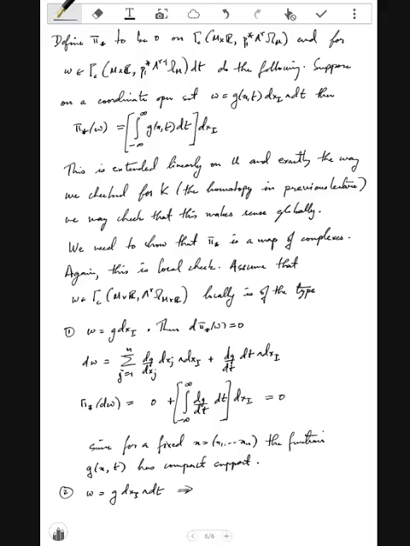So then pi lower star omega is the integral from minus infinity to infinity of g dt times dxi, and d of pi lower star omega is equal to, you can just differentiate under the integral.